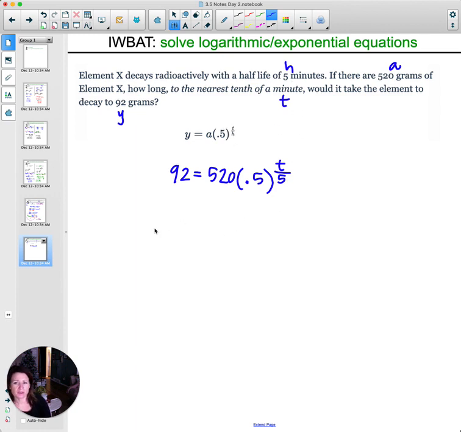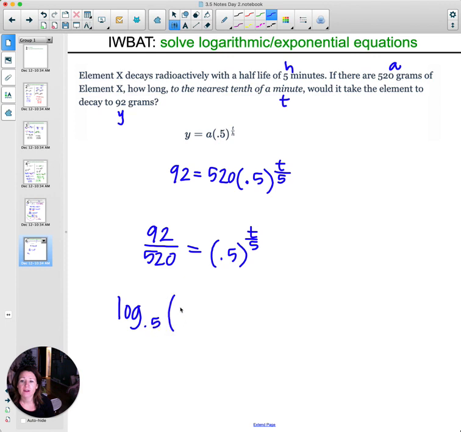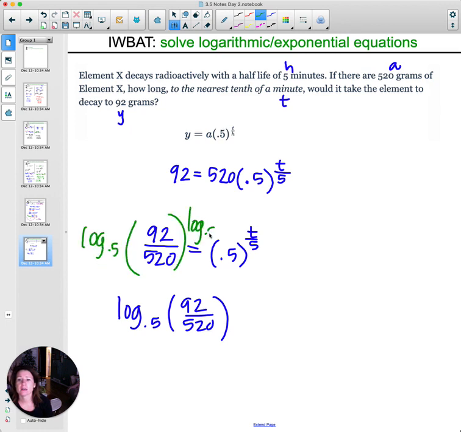So we'll divide both sides by 520 so that we get down to 0.5 to the t over 5. Then we'll do the log base 0.5 to both sides. So when you do this log 0.5 to both sides, the log base 0.5 and the 0.5 will cancel over here.